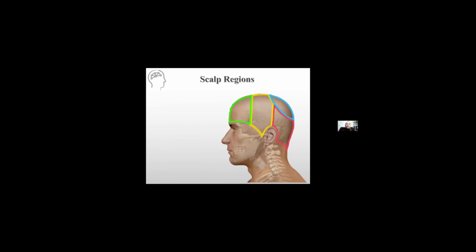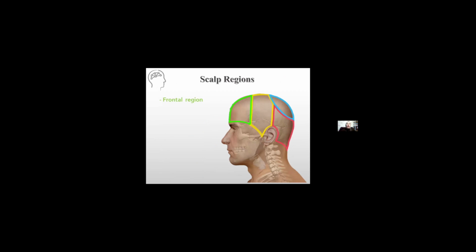In location, there are four important regions: the anterior or frontal region, parietal region, vertex region, and the occipital region. The defect size is divided into small, moderate, and large. Now, a quick review of the scalp regions.